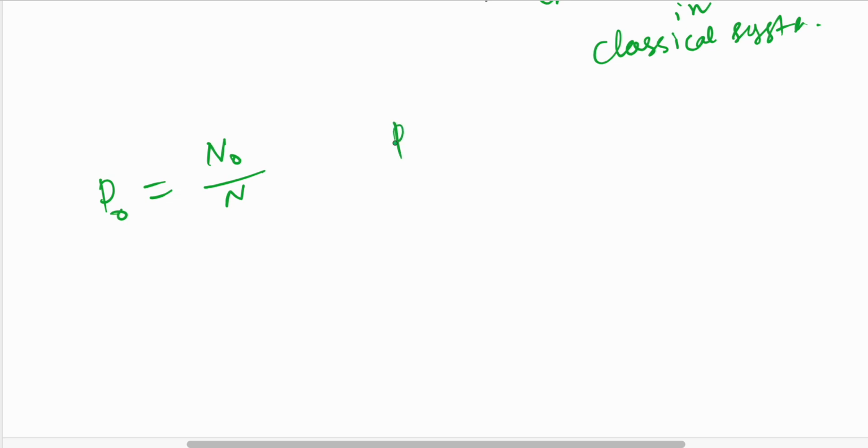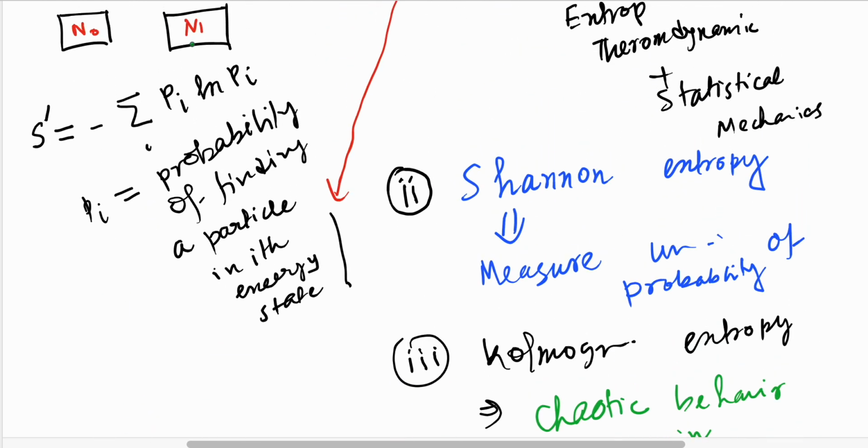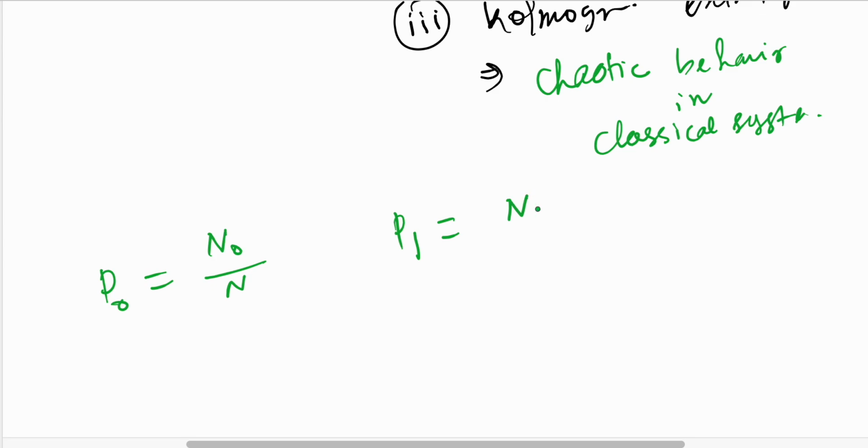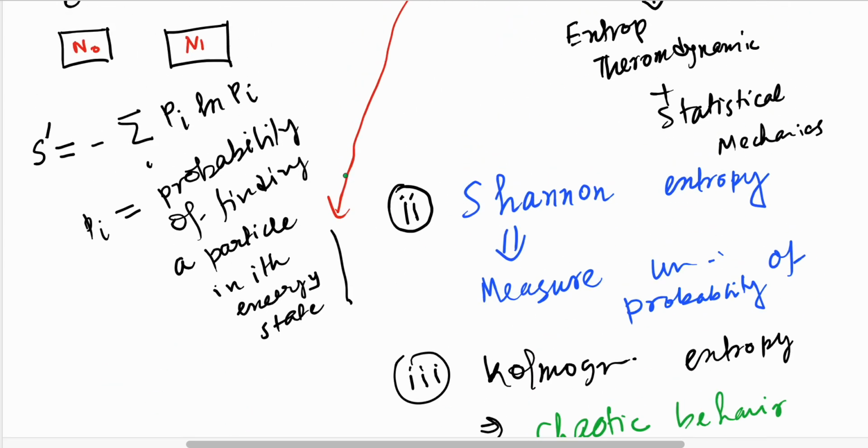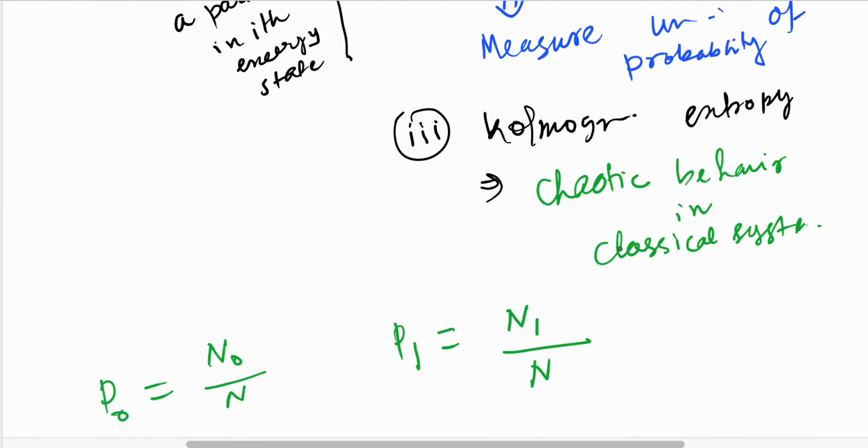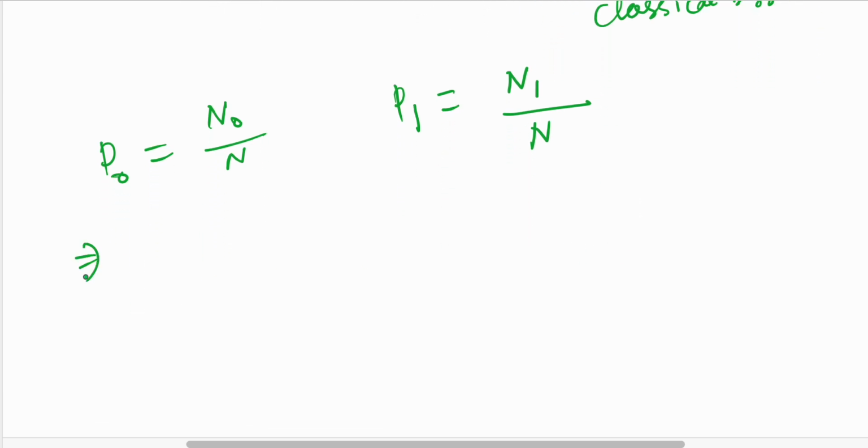And what is the probability P1? Simply n1 by n, since we know that n1 particles are there with energy E. So what is the Shannon entropy?